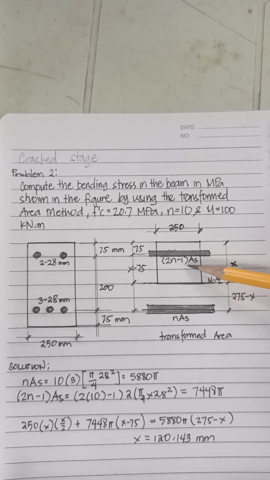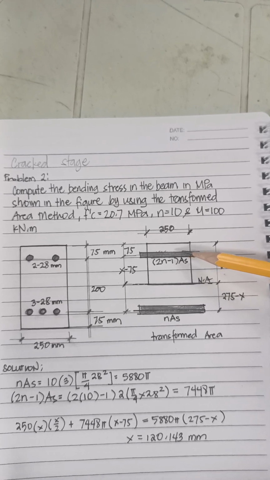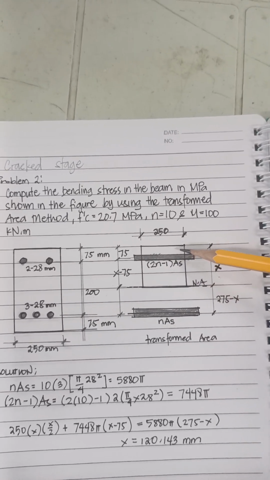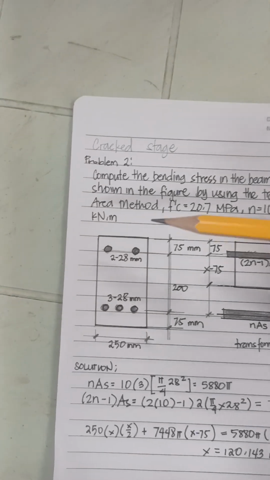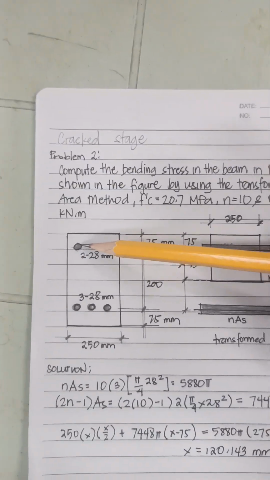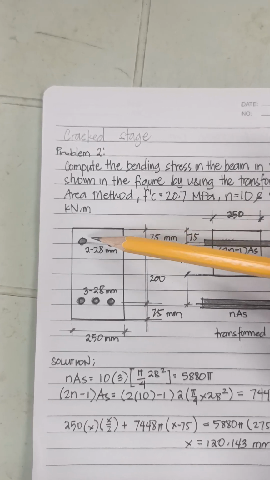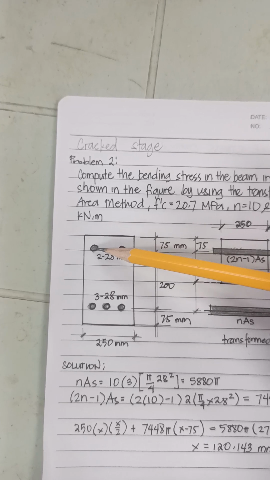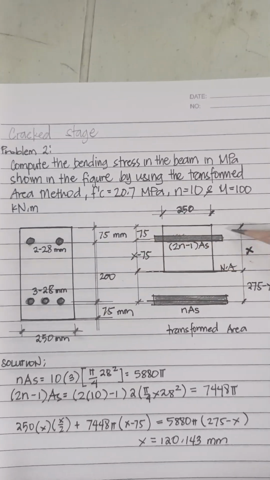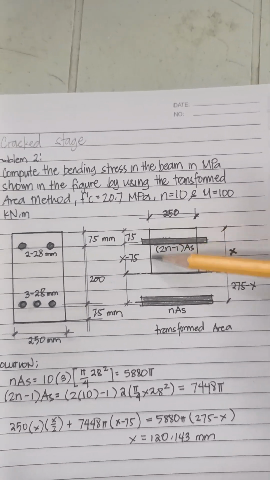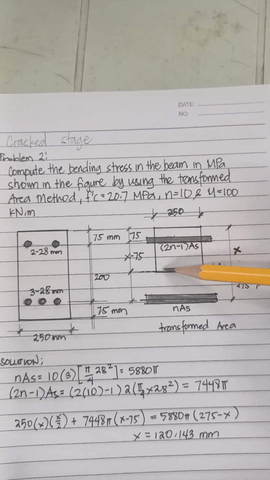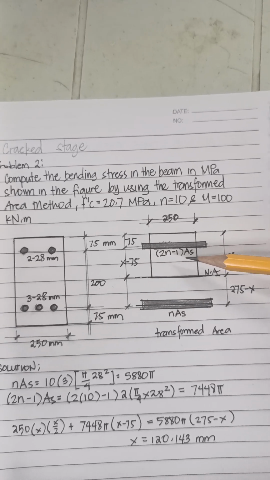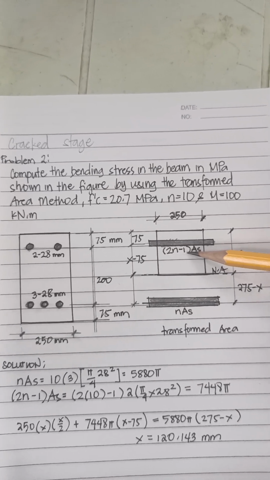Minus 1 because on this compression side, there is still an area of concrete. As we all know, where this steel is, there is a hole in the concrete, but in the transformed area we are considering the whole area of the concrete. So we consider the whole concrete, but now we subtract the area of the steel.